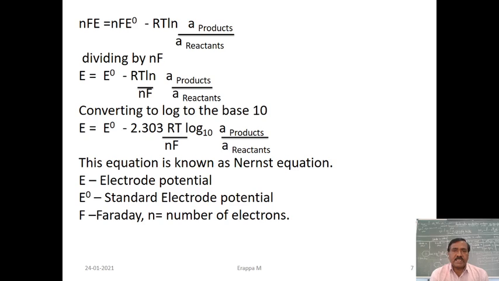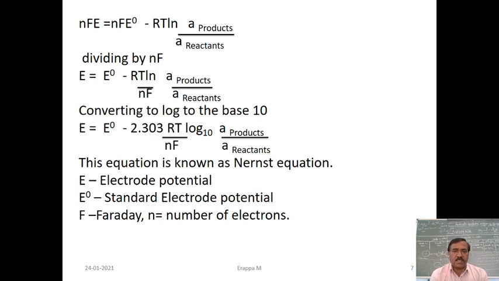To get the final equation, divide both sides by nF. Dividing minus nFE by nF gives E, which is equal to E0 minus RT by nF ln of the activity of the products divided by the activity of the reactants.